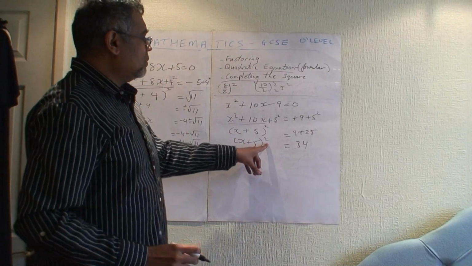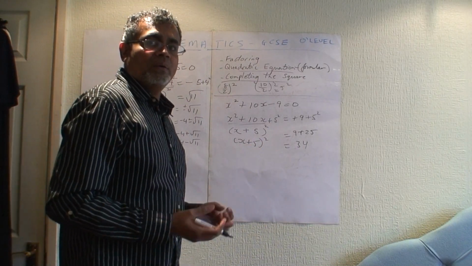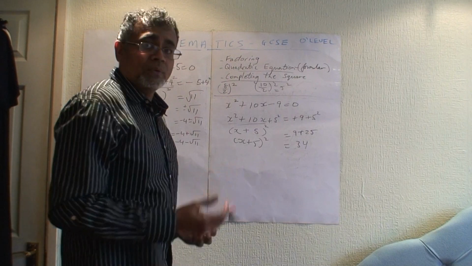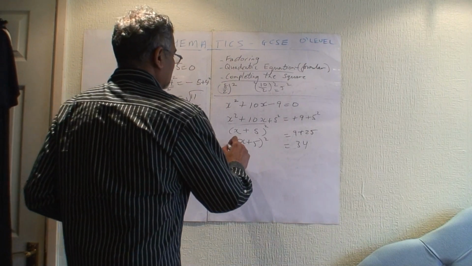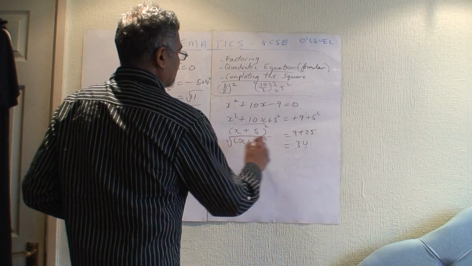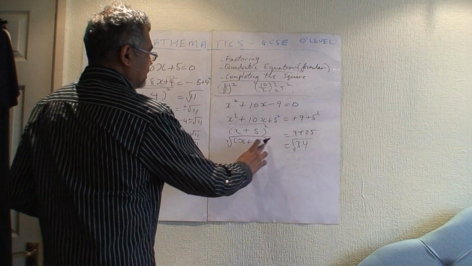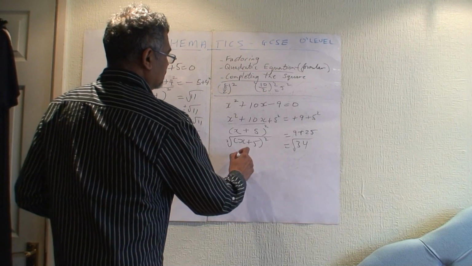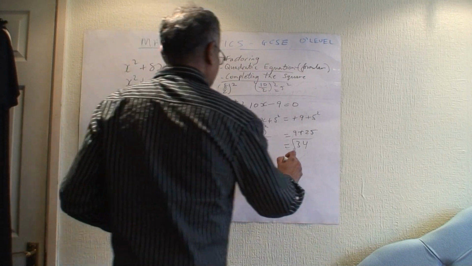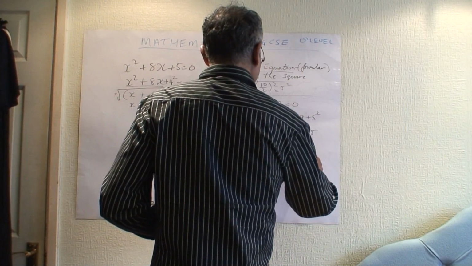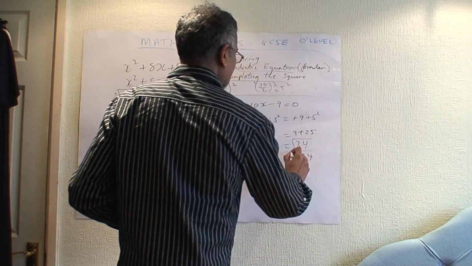To get rid of the square, we use the square root on both sides. That takes the square root out, we take the brackets out, so it's x plus 5 equal to plus and minus the square root of 34.